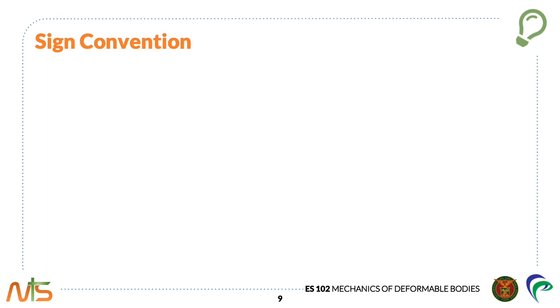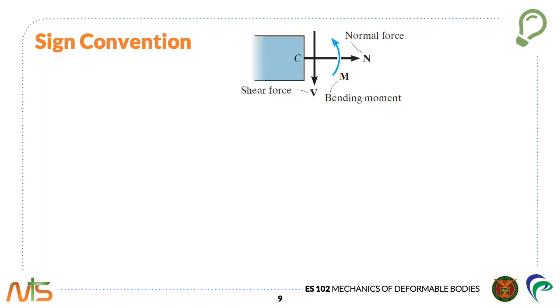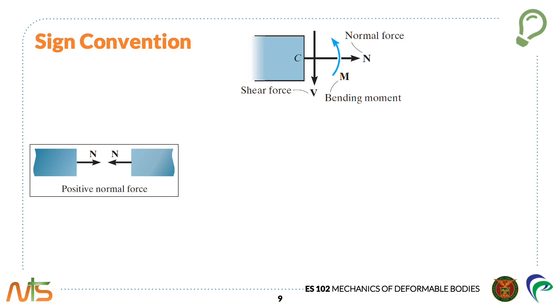Engineers generally use a sign convention to report the three internal loadings N, V, and M. Although this sign convention can be arbitrarily assigned, the one that is widely accepted will be used here. The normal force is said to be positive if it creates tension.